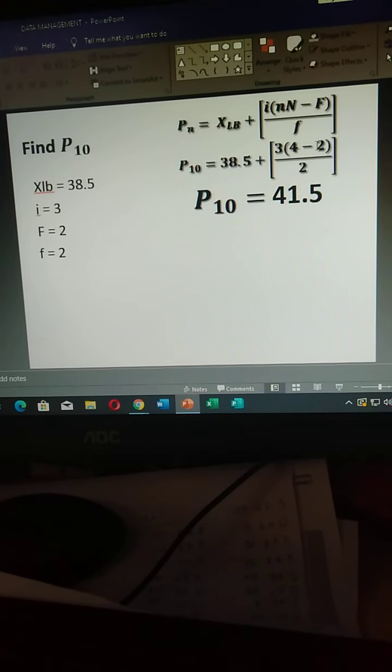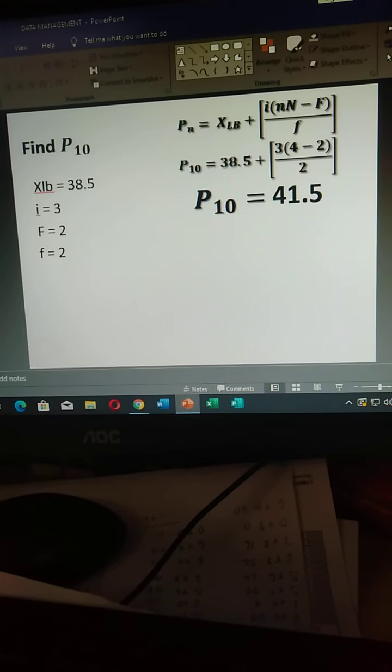So 4 minus 2 is 2, times 3, which is 6, divided by 2, it's 3, plus 38.5. That's how we got 41.5.